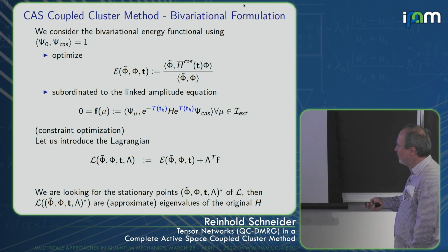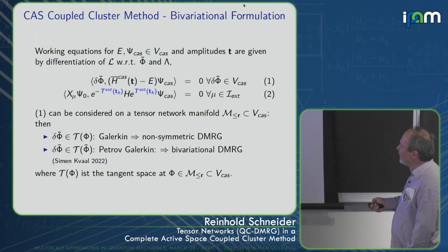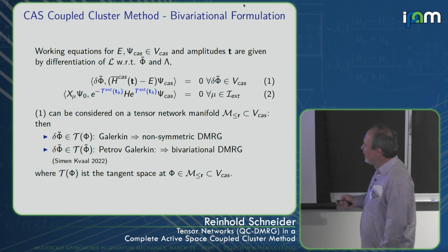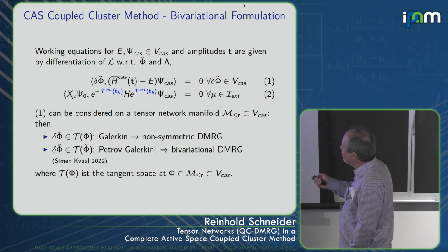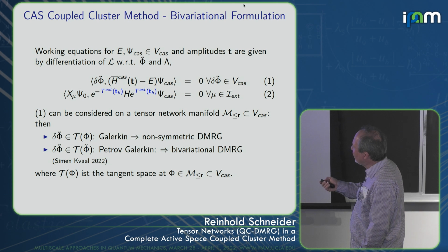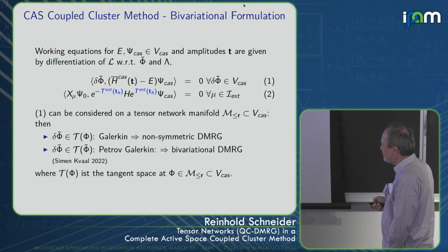And what we obtain here are two equations. If we differentiate with respect to psi tilde, then we get an eigenvalue problem for the right eigenvalue psi CAS, if we test again with all possible psi tilde in psi CAS.